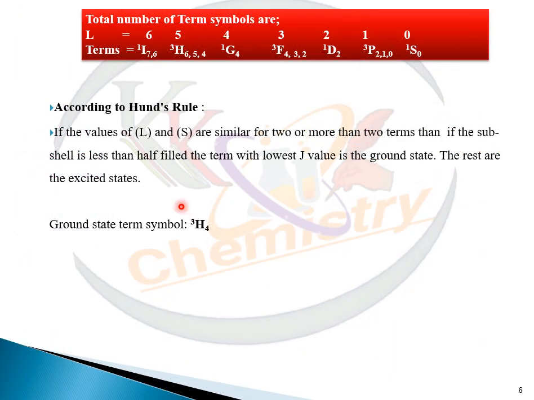According to Hund's rule, the term symbol with higher spin multiplicity, higher L value, and lower J value, in case the subshell is less than half filled, will be the ground state. Here the ground state is triplet H4.